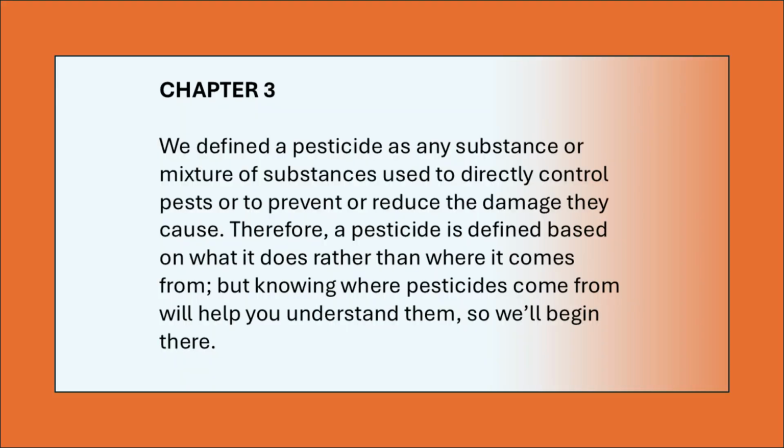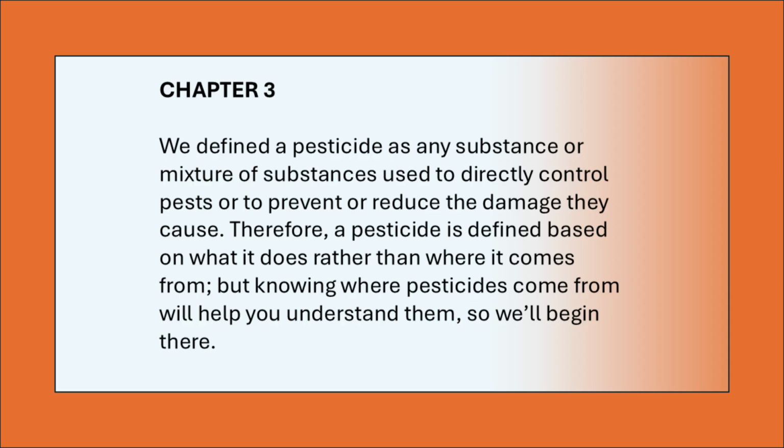Chapter 3. We defined a pesticide as any substance or mixture of substances used to directly control pests or to prevent or reduce the pest damage they cause. Therefore, a pesticide is defined based on what it does rather than where it comes from.